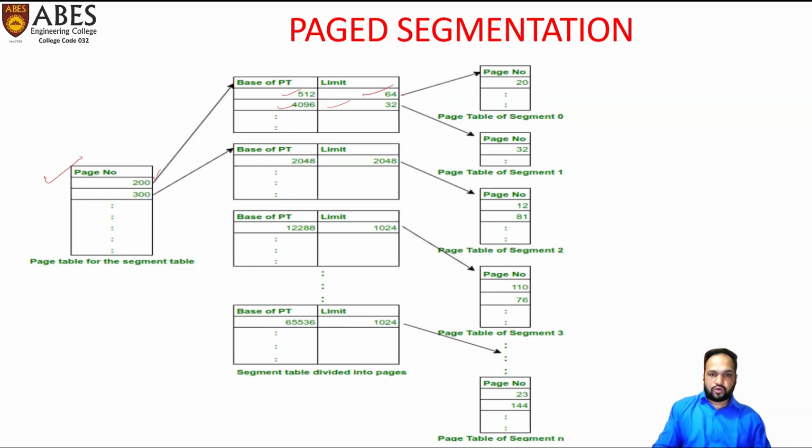And those are for reference with the different page tables. And these page tables are nothing but the segments, different segments. So as you can see, the segment table is divided into pages, and further those are converted into the page table of the segment.